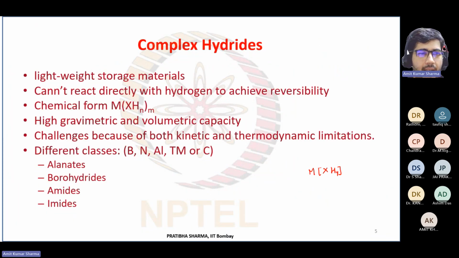So in the complex hydride, it is a lightweight storage material that cannot react directly with hydrogen to achieve reversibility. The chemical form will be like this: metal, then X will be your element, then the hydrogen, and based on that the bond formation will be like that.